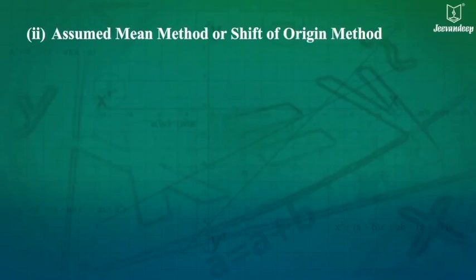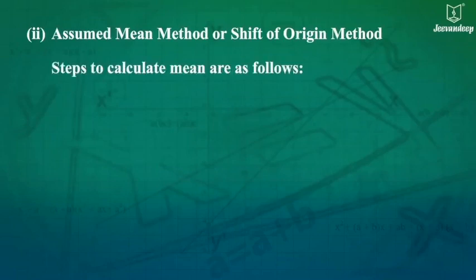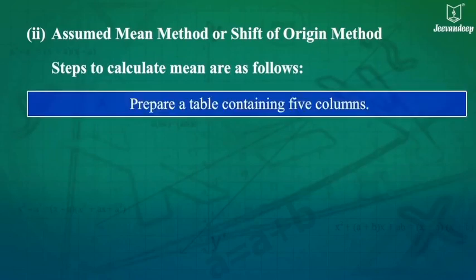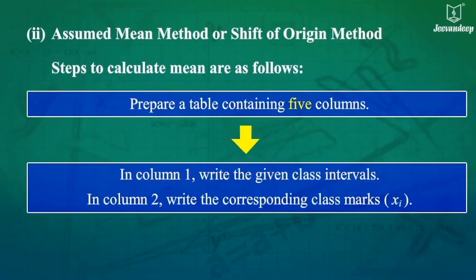2. Assumed mean method or shift of origin method. Steps to calculate mean are as follows. Prepare a table containing 5 columns. In column 1, write the given class intervals.